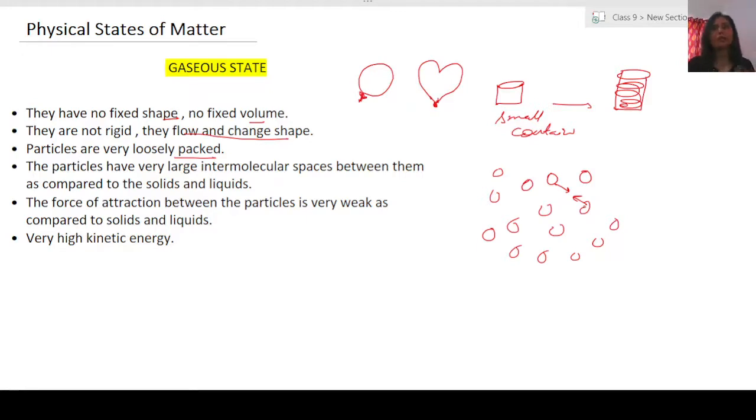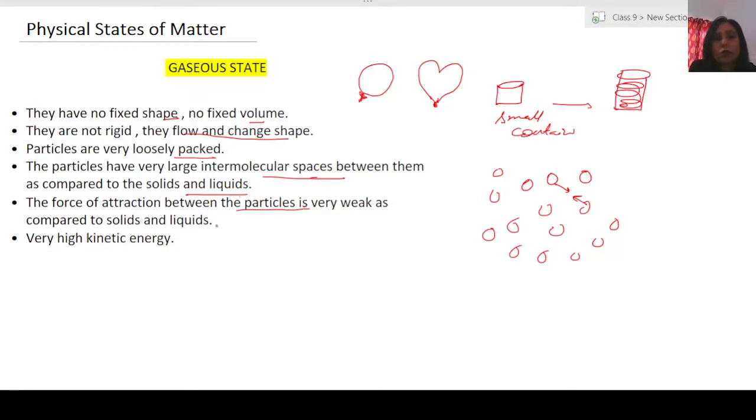It means that they have got large spaces among their particles, and obviously the force of attraction is also very weak between the particles. That is why they take up any shape very fast, or you can say that they are not having a definite volume because they move here and there randomly. As compared to the solids and liquids, the force of attraction between the particles is very weak.